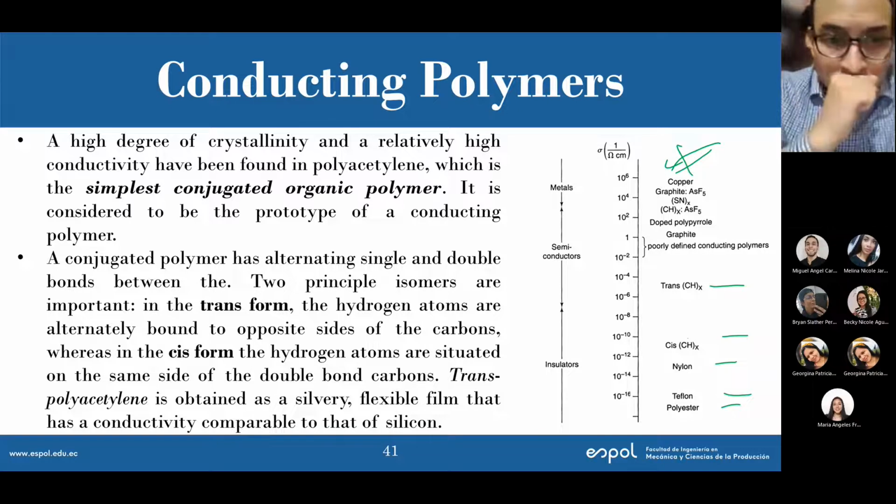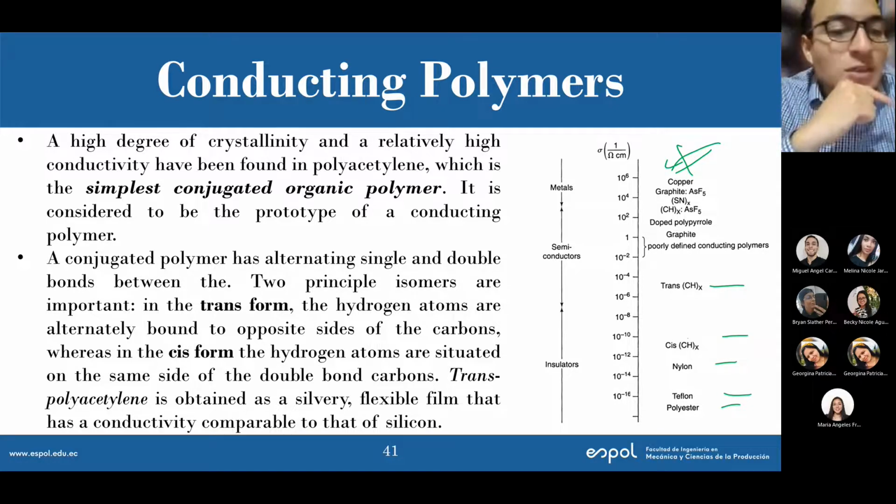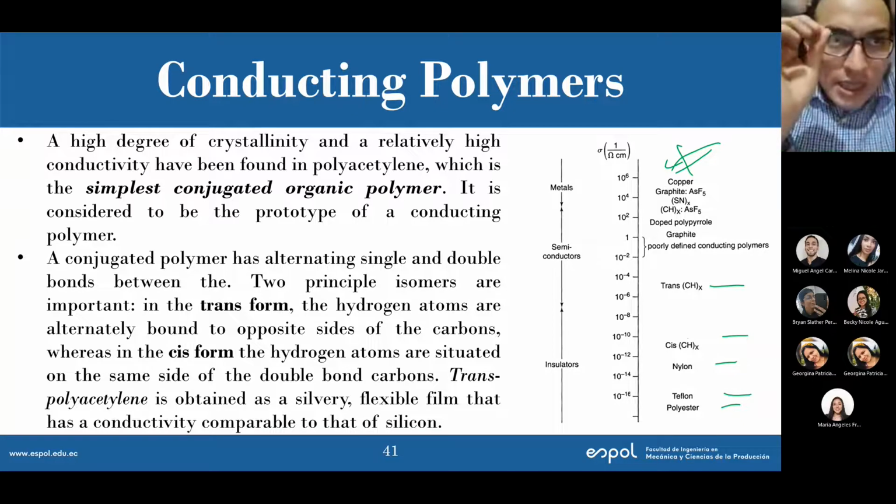So, as I said, polyacetylene is the simplest conjugated organic polymer, and for being so simple, it actually has the highest conductivity of all the simple polymers that have been synthesized. It has two principal isomers.